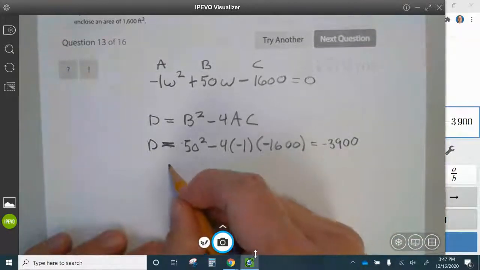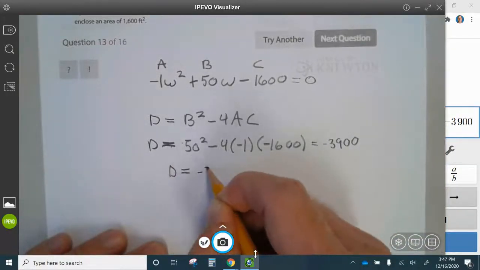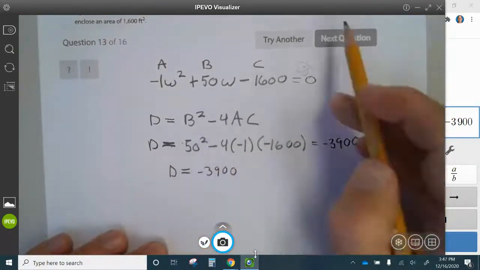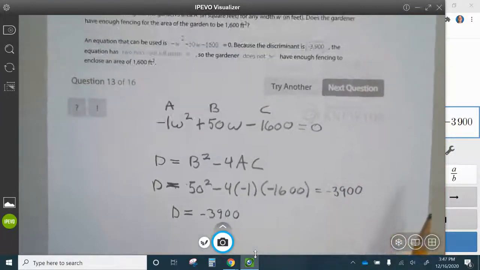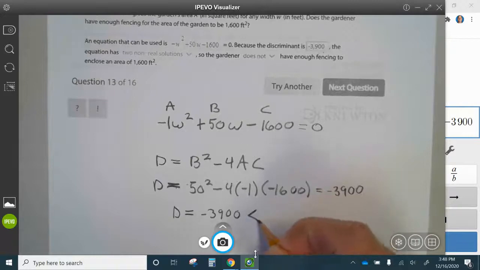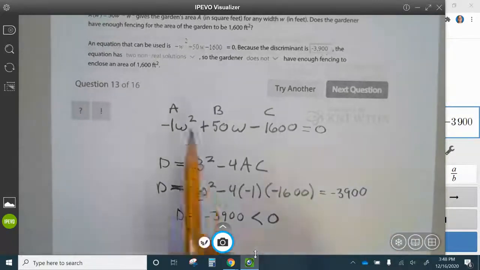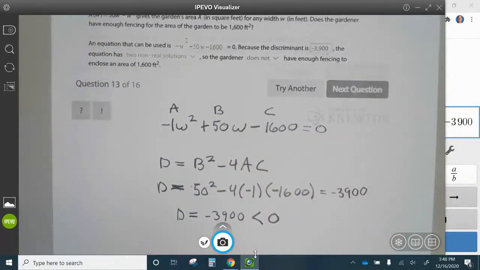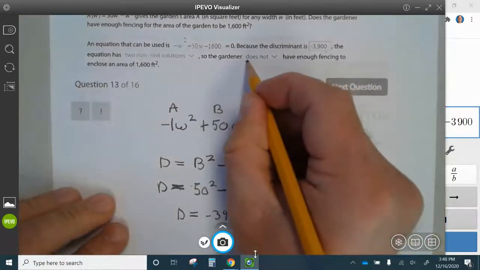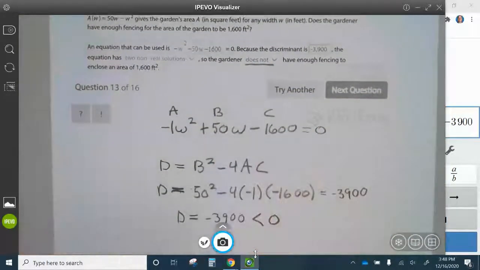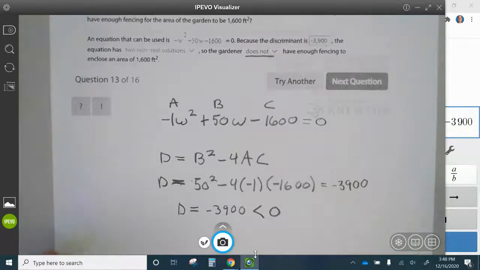So the discriminant equals negative 3,900, which is that value right there. Okay, so the equation has 2. Now, because remember, this is less than 0, it has 2 non-real solutions. So the gardener does not have enough fencing to enclose an area of 1,600 square feet. Okay, let's take a look at the next question.